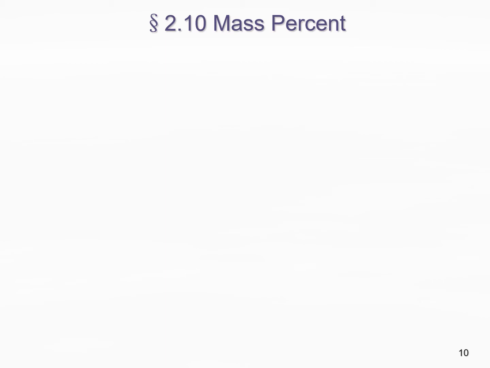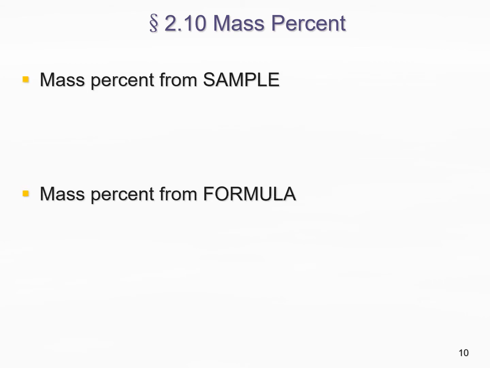Remember the hydrated salt, copper 2 sulfate pentahydrate, we heat it up and the water is gone, the blue crystal becomes white powder. So in that experiment, we talked about mass percent. If you recall, in that discussion, I said there are two definitions of mass percent.